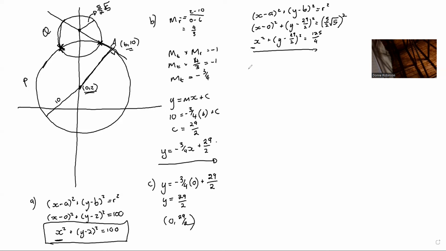And here we're going to say, okay, if x squared is equal to x squared, this means that I would have 100 minus (y minus 2) squared should be equal to, and then this side, which is 125 over 4 minus (y minus 29 over 2) squared.